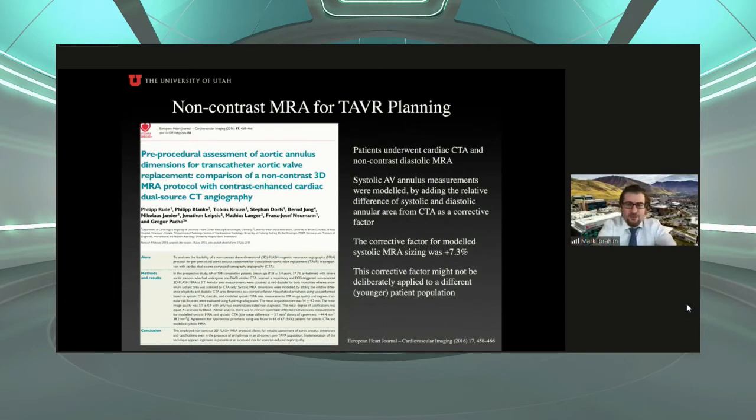This study was done in 69 patients with severe AS who underwent both CTA and MRA, and they compared the annulus measurement in MRI and CT. Based on the difference between systolic and diastolic measurement in CT, they applied a corrective factor to the diastolic acquisition MRI and came up with a 7% factor. And basically, you cannot generalize it to all populations, and it's a single center study.